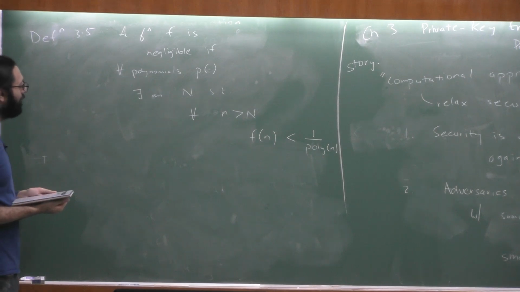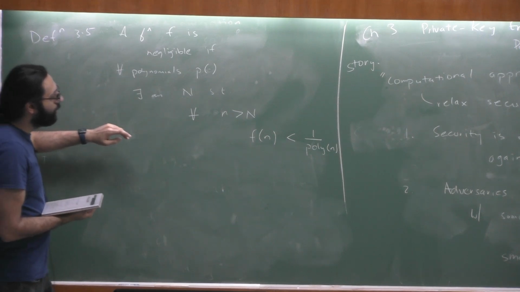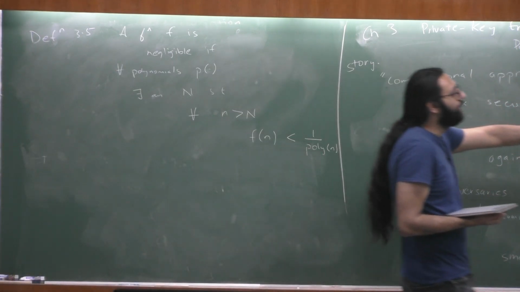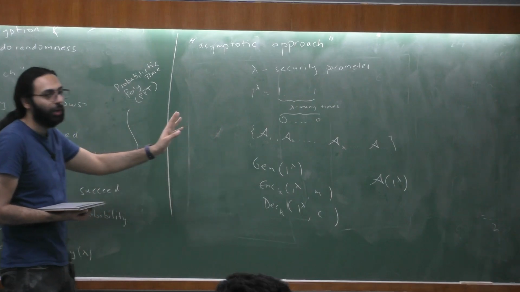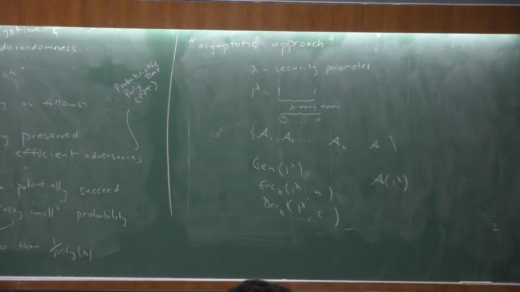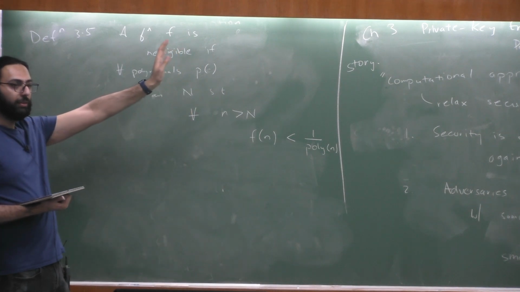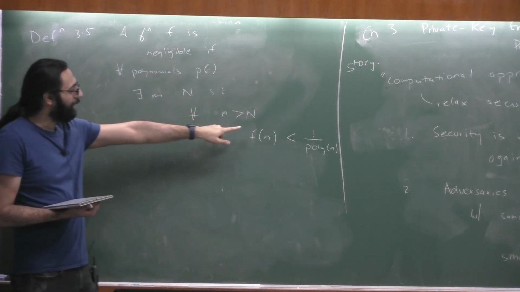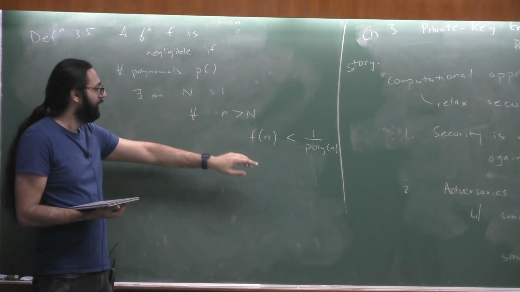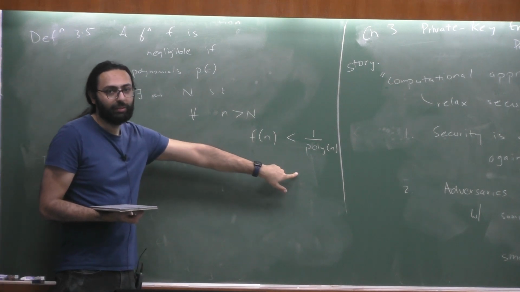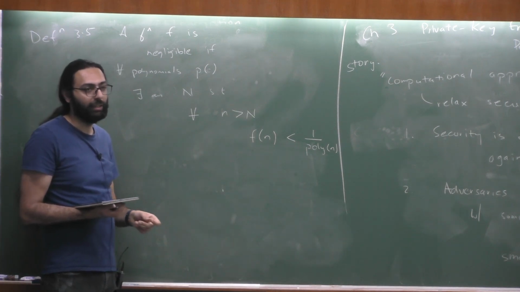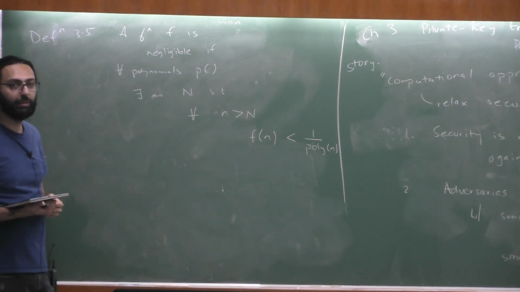Okay, so what is this saying? It's saying that, since we are concerned about asymptotics, we don't care. It could be that for smaller values of lambda, your function is large, but it should always be the case that after some cutoff, which in this case is capital lambda or capital N, the function becomes strictly smaller than any inverse polynomial.